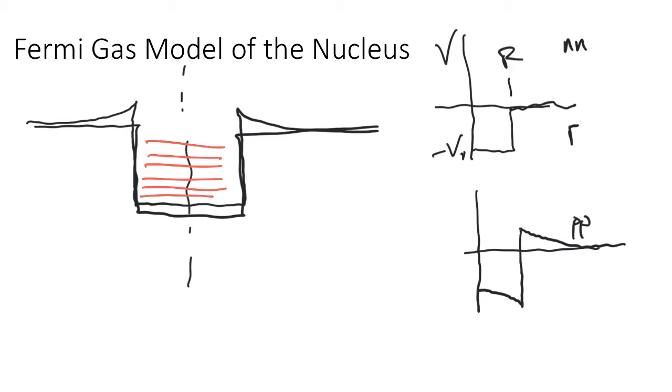However, I also need to keep track of the spins, and as we know that neutrons and protons are fermions, I can fit two protons on a particular energy level as long as their spins are opposite.